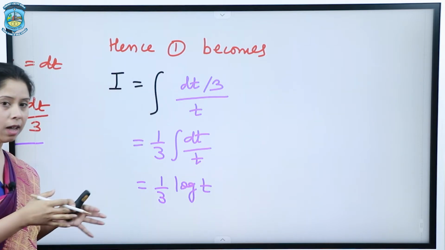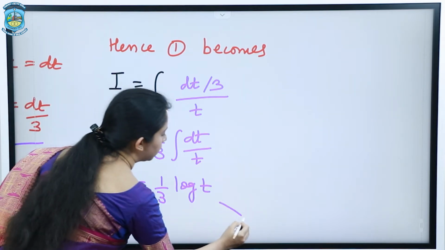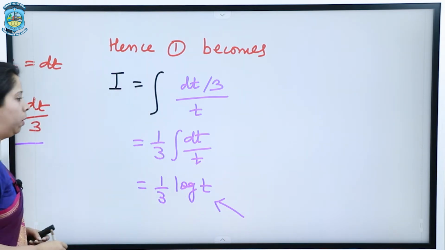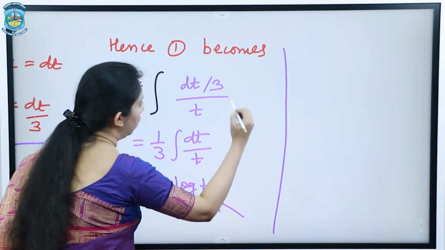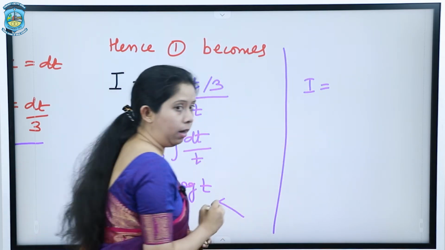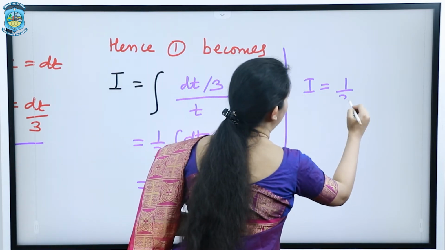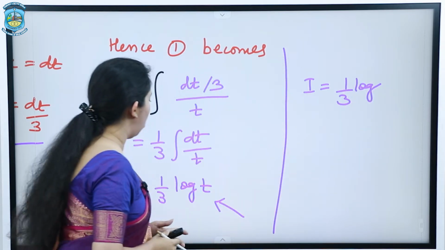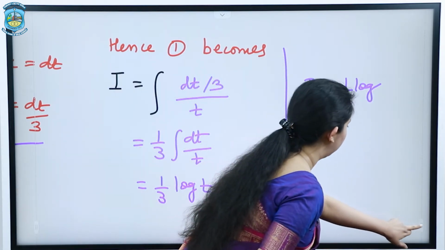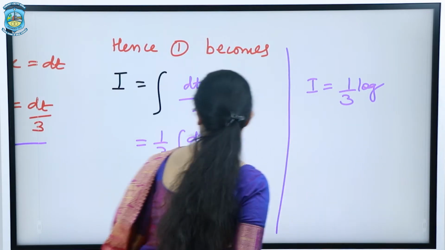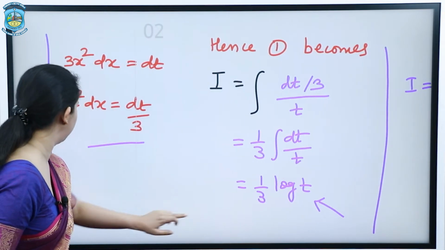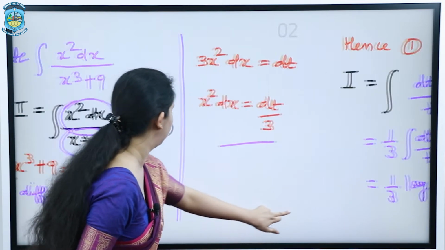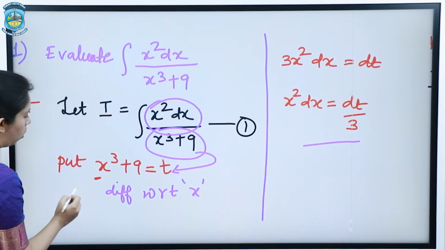Now, according to the last step, you will have to replace this t with x cube plus 9. So, therefore, the final value of I will be 1 by 3 log of the value of t.